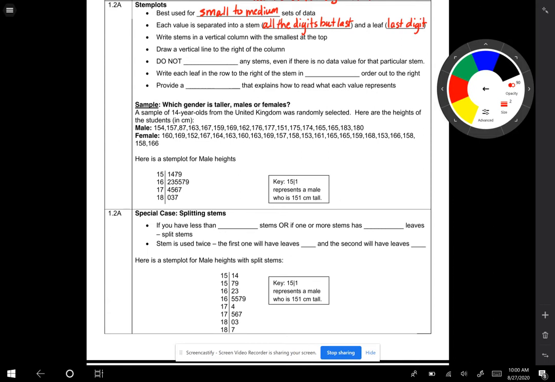You write stems in a vertical column with the smallest at the top, and then you draw a bar, a vertical line to the right of the column. You do not skip any stems, even if there's no data value for that particular stem. Write each leaf in the row to the right of the stem in increasing order.